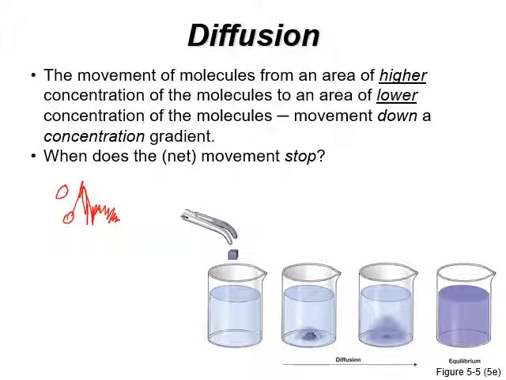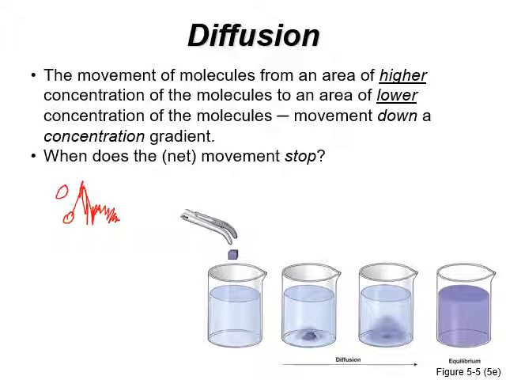So the main thrust of diffusion is that a molecule, a solute, will move from an area of high concentration to an area of low concentration of the same solute. And this is called movement down the concentration gradient. Moving from high to low is down. We will see another instance where you can move from low to high, and that's moving up the concentration gradient.